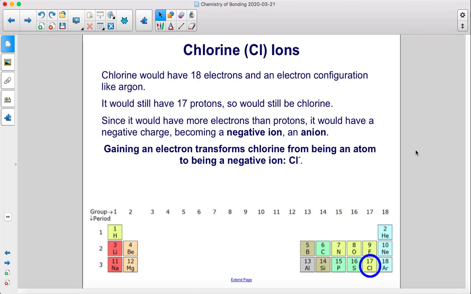Chlorine would have 18 electrons and an electron configuration like argon. It would still have 17 protons, so it would still be chlorine. Since it would have more electrons than protons, it would have a negative charge, becoming a negative ion, an anion. Gaining an electron transforms chlorine from being an atom to being a negative ion.